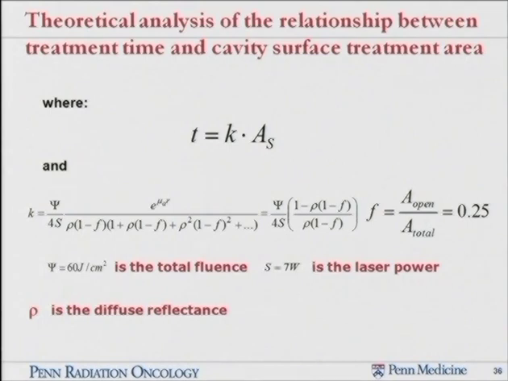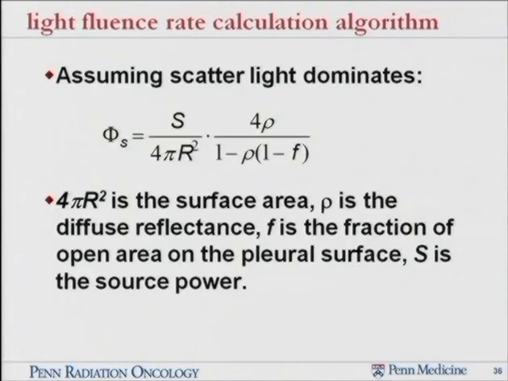So we can calculate the K value based on the previous formula, which I have shown before. If you use this formula and flip it over, the light fluence rate is equal to the total treatment fluence, which we know, divided by the treatment time.